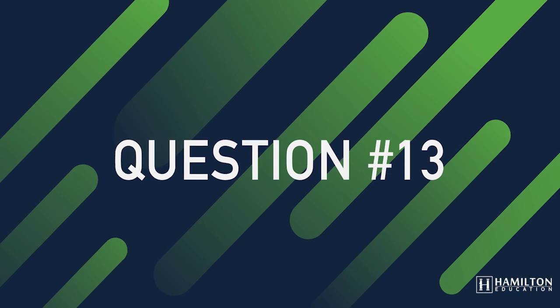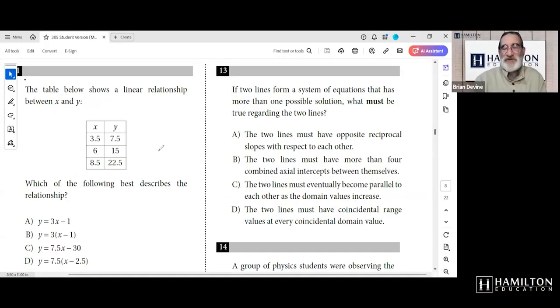Question 13. If two lines form a linear system of equations that has more than one possible solution, what must be true regarding the two lines? Well, the three things that can happen with a system of lines: one, they cross at a single point, so there's one solution.